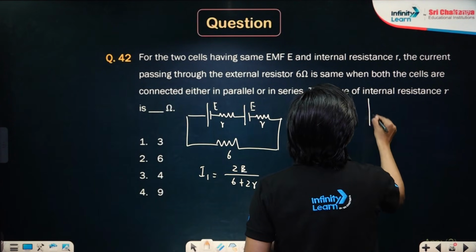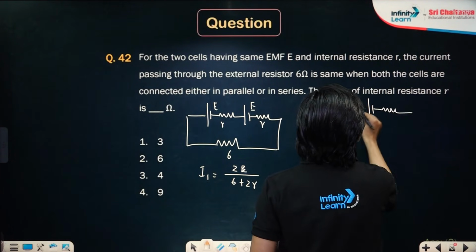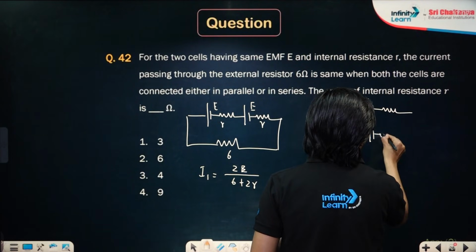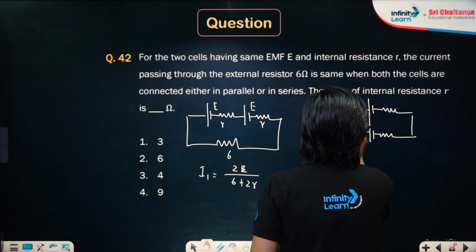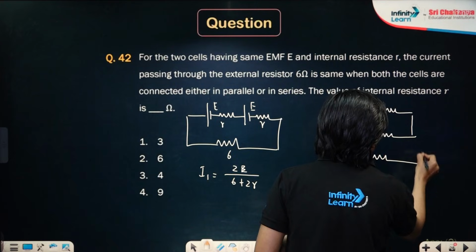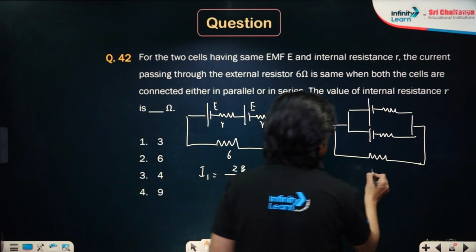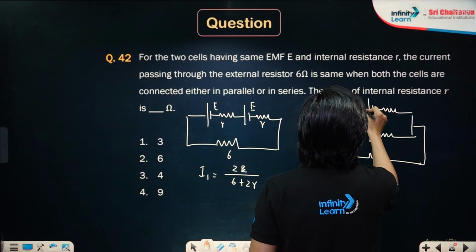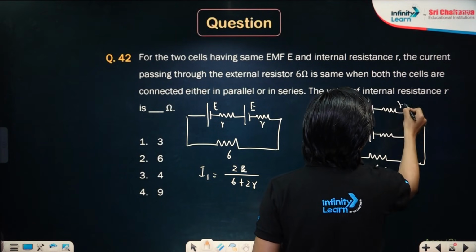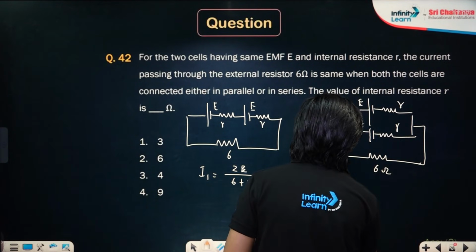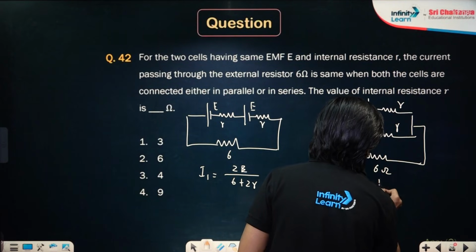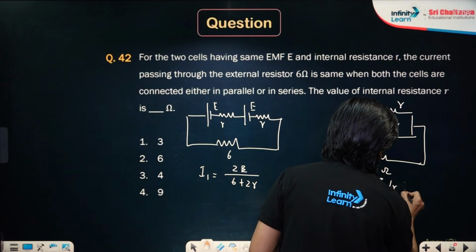If they are parallel to each other, connected with a 6 ohm again, so here it is E, this is r, this is r. Equivalent resistance in this case is actually equal to E by r plus E by r.